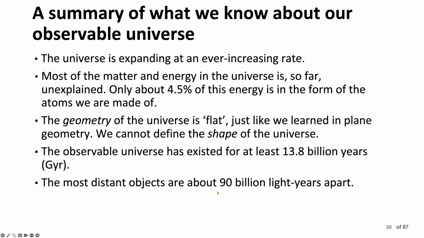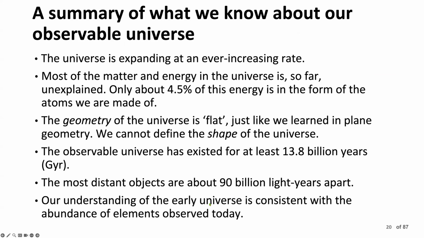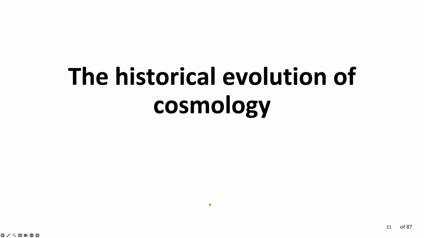The entire cosmos we're talking about is embedded in a volume with a diameter, if you want to use that term, a space 90 billion light years across. And we understand the evolution of the elements in the early universe.